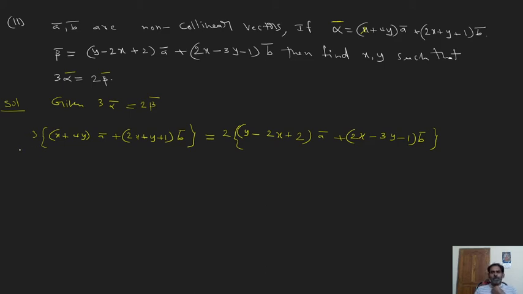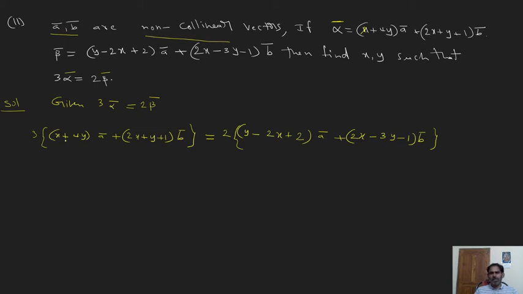Here they are asking just the x and y values. Both sides we have A bar, B bar, A bar, B bar. Already given A bar, B bar are non-collinear vectors. Non-collinear vectors are linearly independent vectors. That's why their coefficients must be equal.